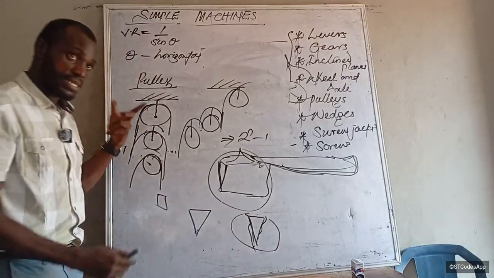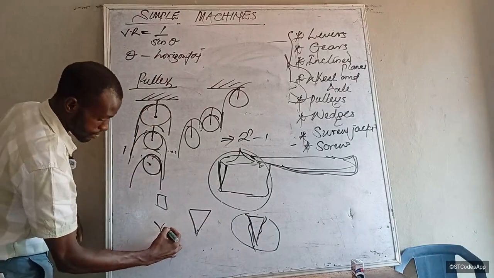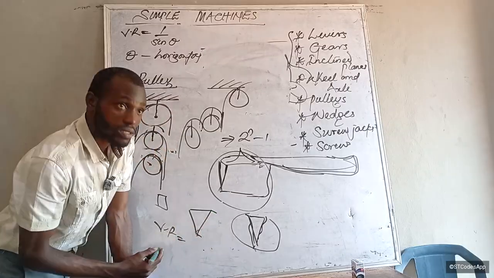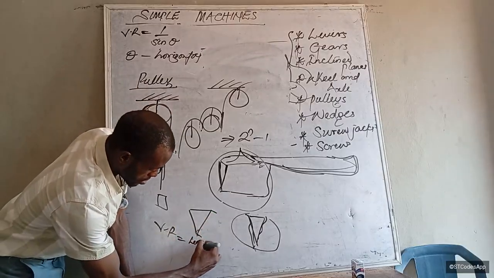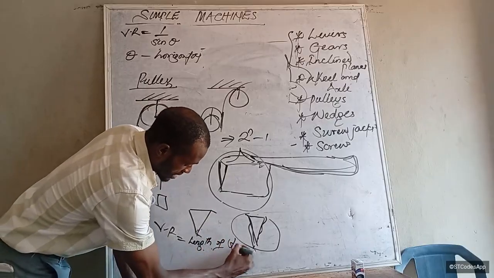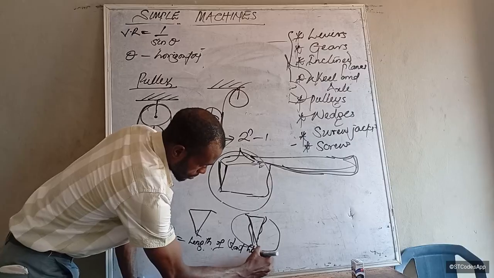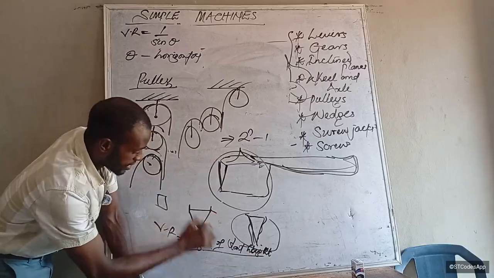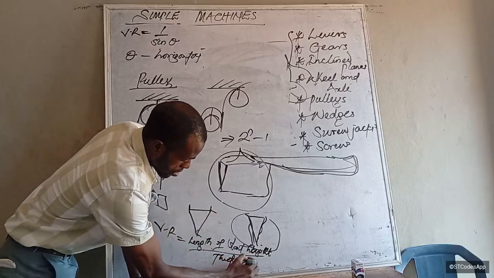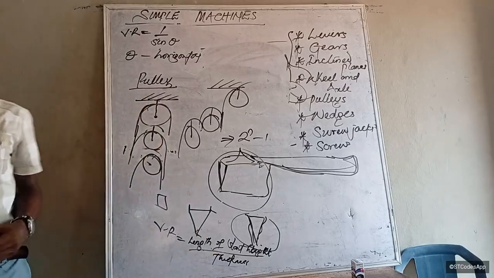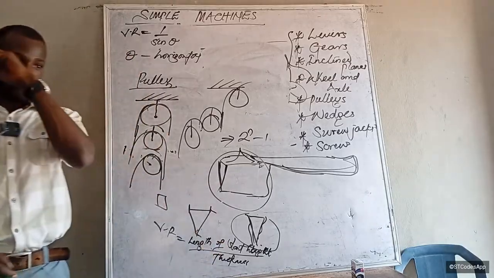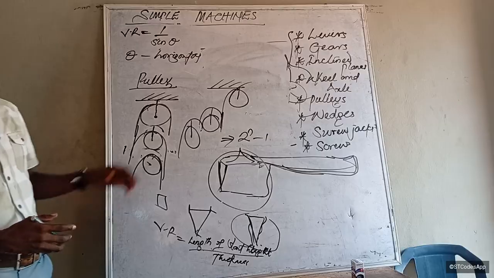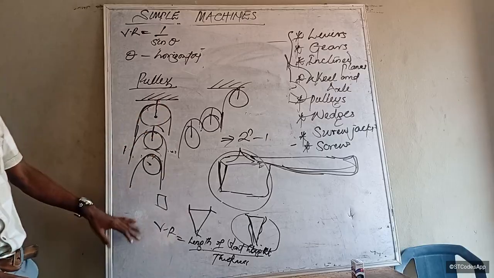Now, the velocity ratio for wedges, the VR, will be the length of the slant height over the thickness. Is it clear? Alright.